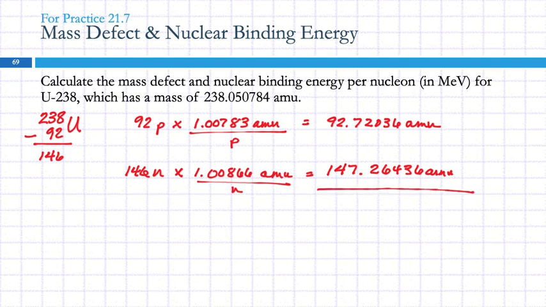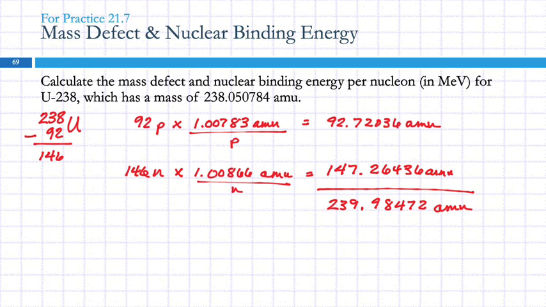So we'll add those two masses together. 239.98472. So that's the mass of the pieces, right? The 92 protons, the 146 neutrons. We're told here in the problem that this nuclide has a mass of 238.05074. So this is the actual mass.